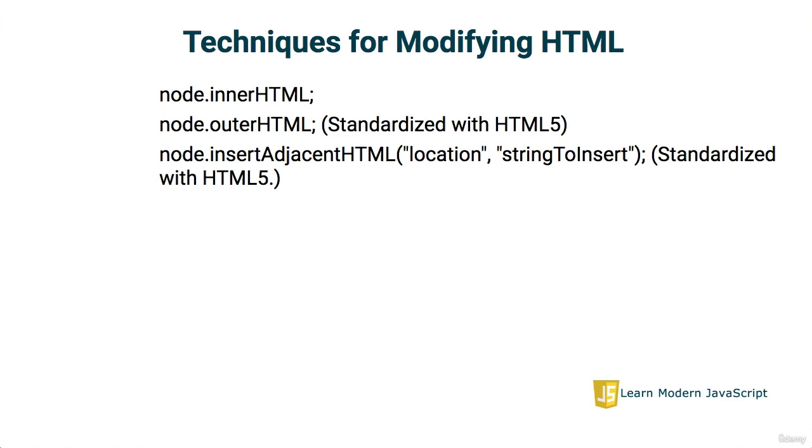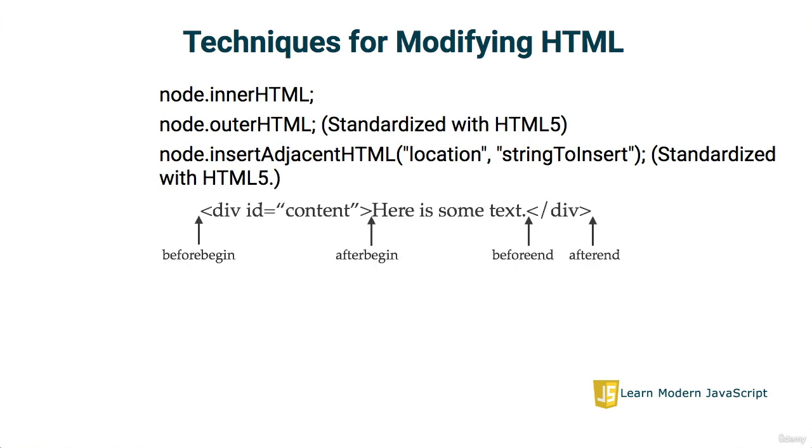Now let's take a look at the 4 possible values for location. Here I have a div tag. It has an ID attribute set to content, and then it has some text in between the opening and closing div tag. Now the 4 possible values which we can use for location in insertAdjacentHTML are beforebegin, afterbegin, beforeend, and afterend.